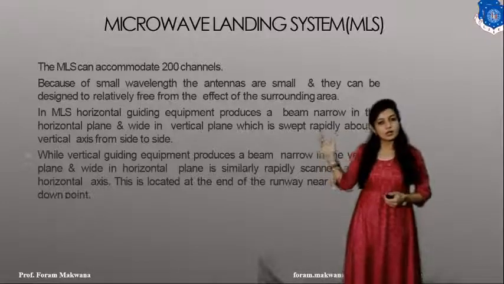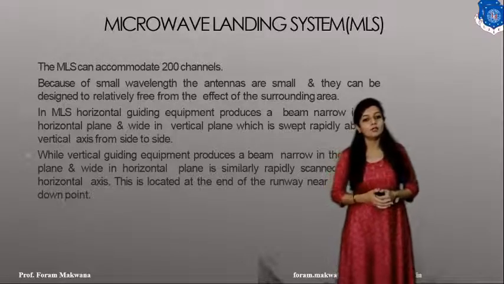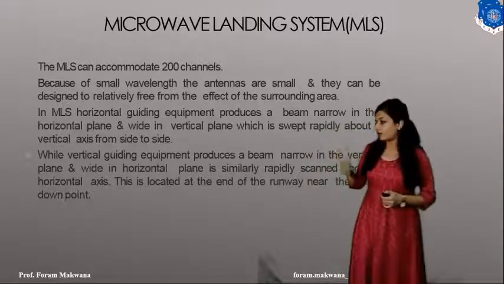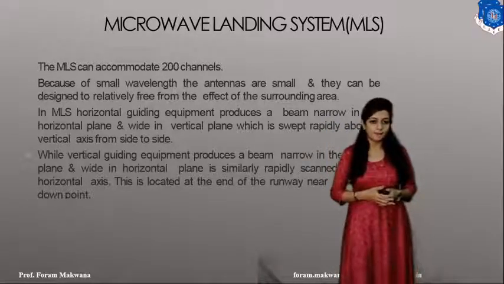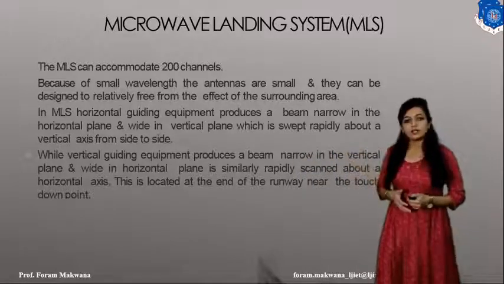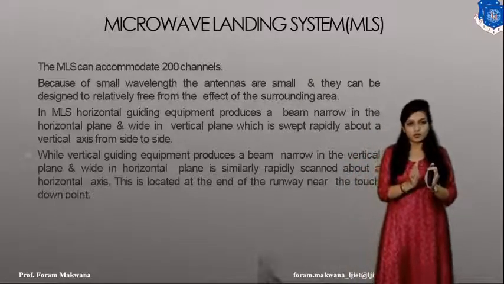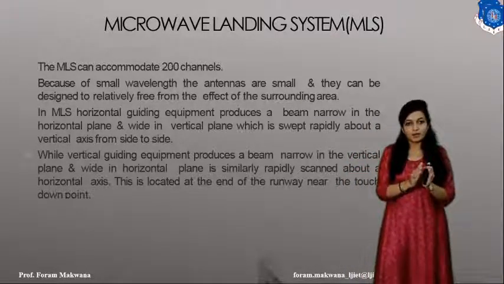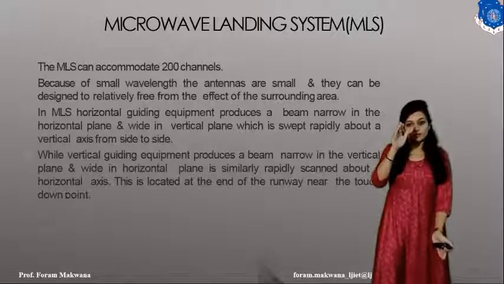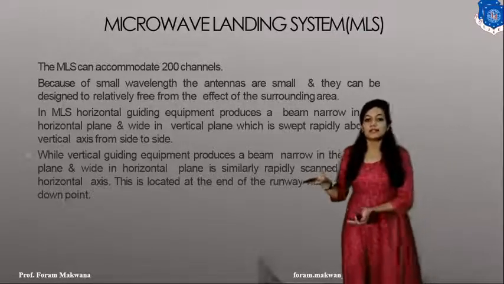Because of the small wavelength, antennas are small and they can be designed to be relatively free from the effect of the surrounding area. So in the microwave landing system, the horizontal guiding equipment produces a beam narrow in the horizontal plane and wide in the vertical plane, which is swept rapidly about the vertical axis from side to side.